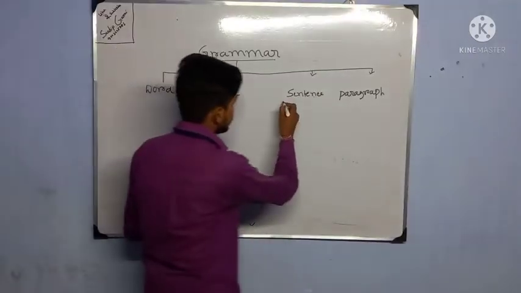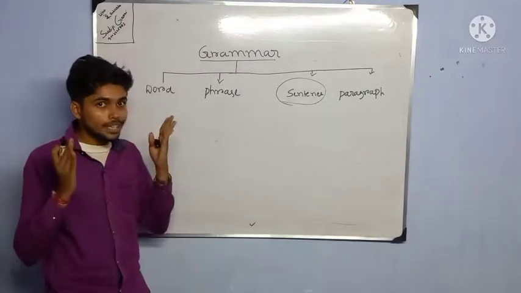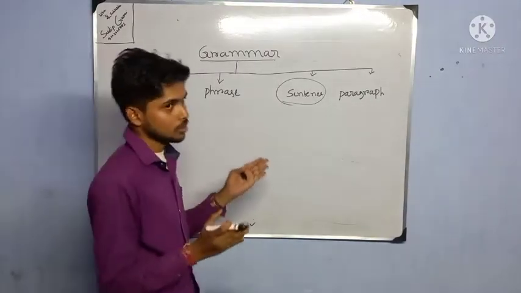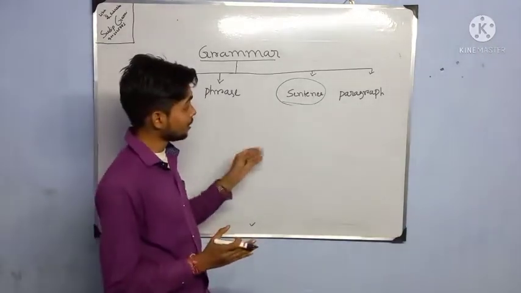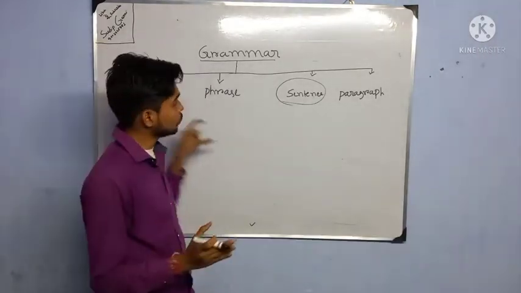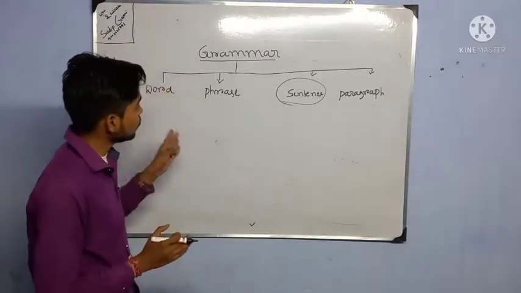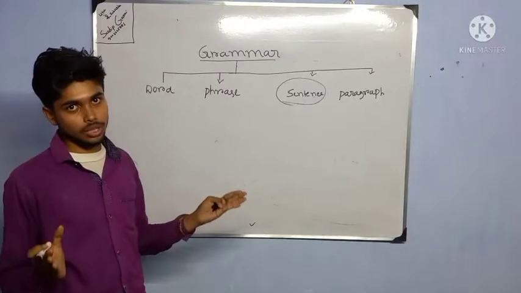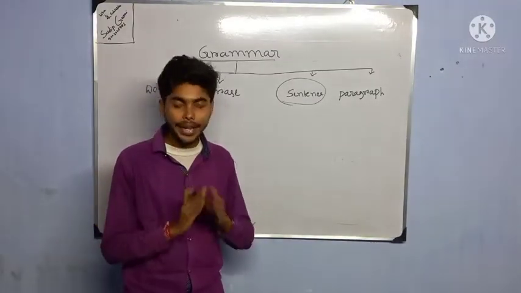In order to know sentence, because sentence is the main source of grammar. If you don't have an idea of sentence, if you can't write a meaningful sentence, you can't do voice change, narration change, joining, clause or anything.